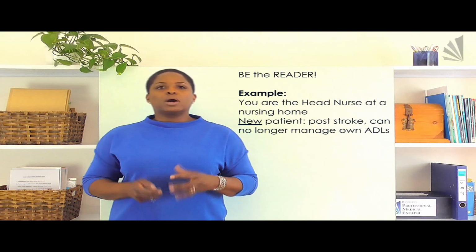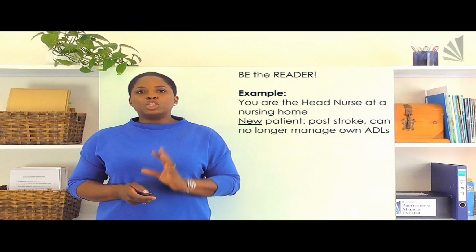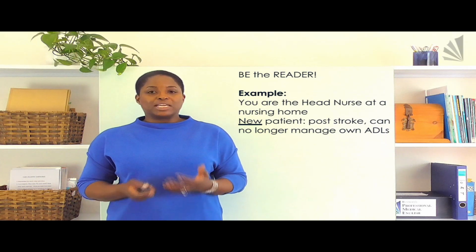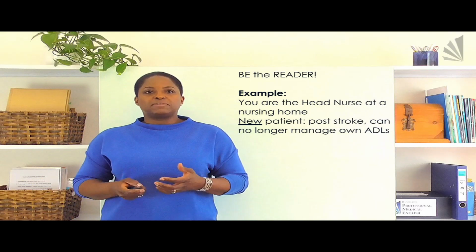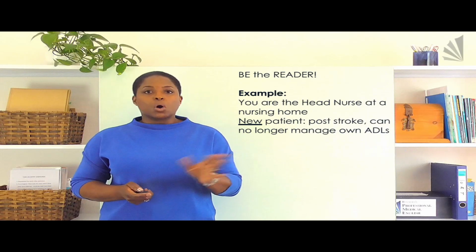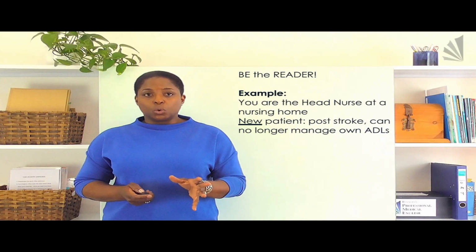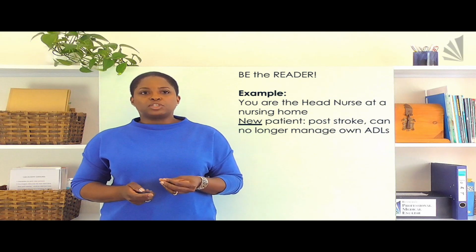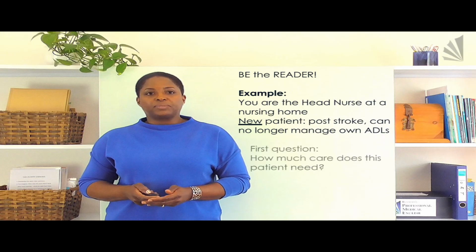So this time you are a head nurse at a nursing home receiving a new patient who can no longer independently manage their activities of daily living after suffering a stroke. You're confident all the accompanying information is in order. So which of this information would you like to know immediately upon reading?